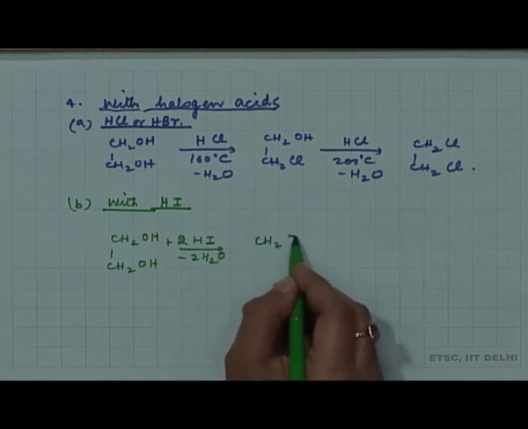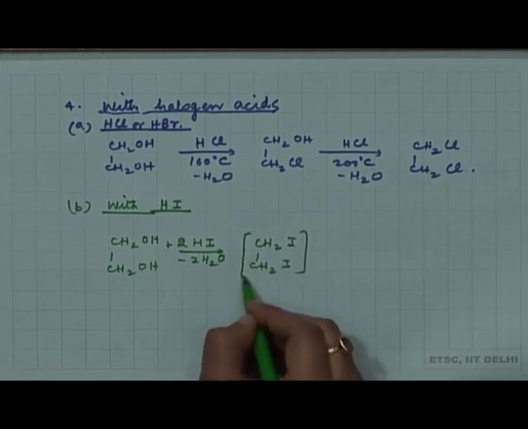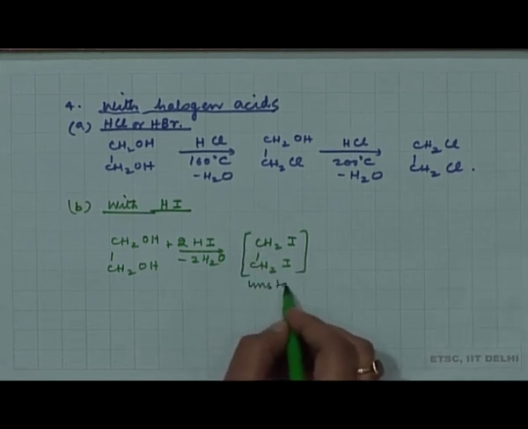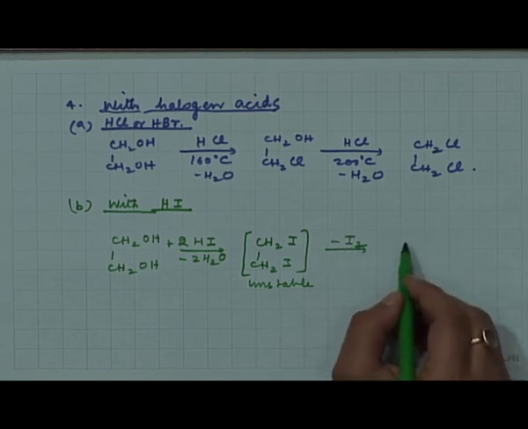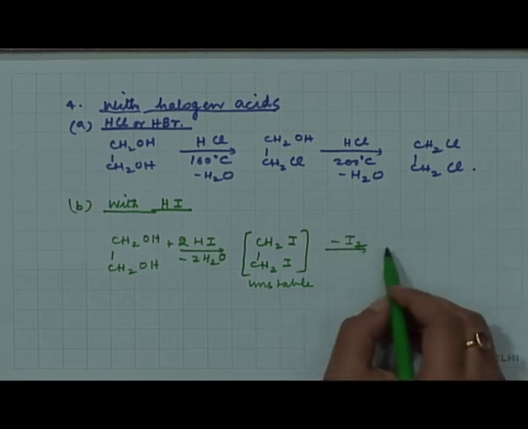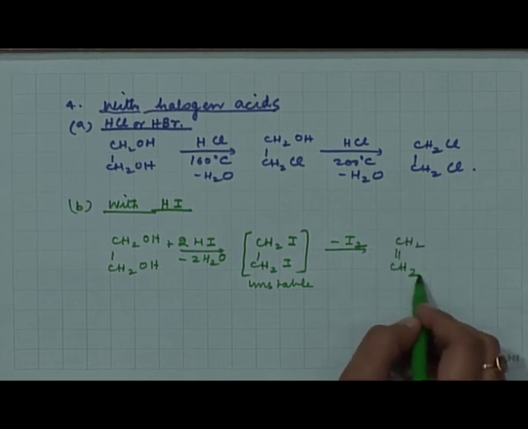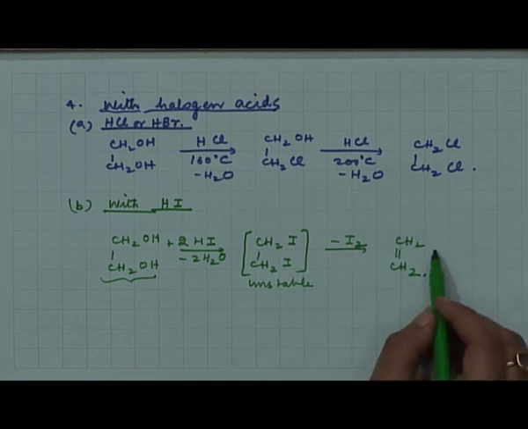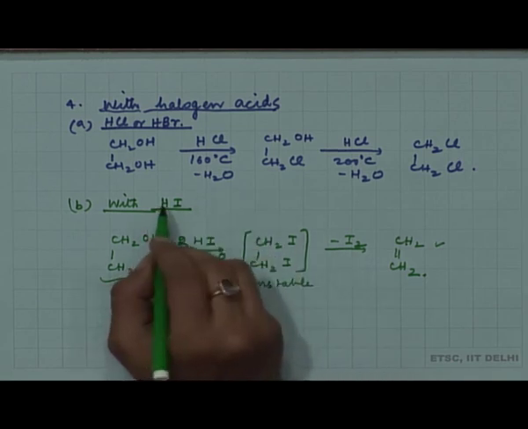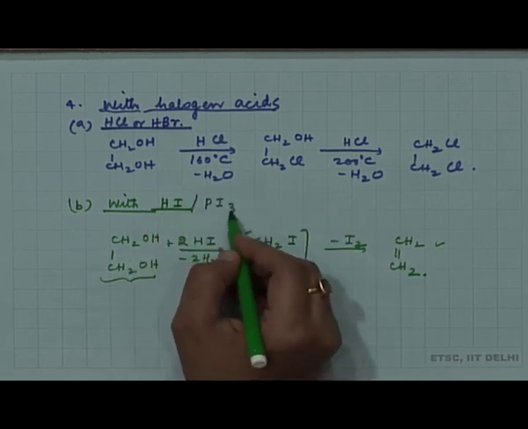So, you end up getting this as the product, but this is quite unstable and is not isolated, it immediately undergoes dehalogenation and it gives you the corresponding olefin. So, if you start with a diol and treat it with HI, instead of getting the corresponding diiodinated compound, you get the corresponding olefin, and this is also true if you take PI3 instead of HI.